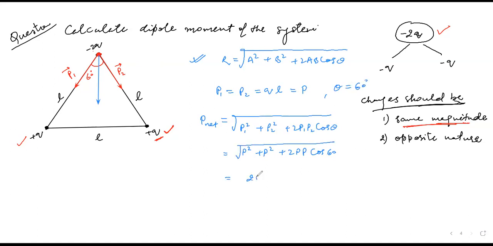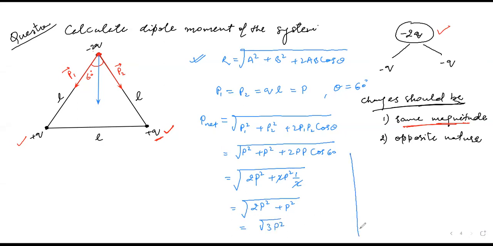Now 2P square cos 60. What is the value of cos 60? Cos 60 is 1 by 2. 2 is cancelled with 2 and you got P square plus P square plus P square, which is equal to root of 3P square.